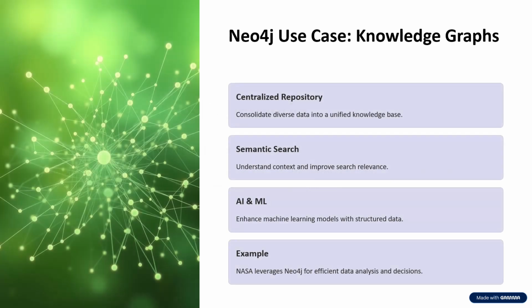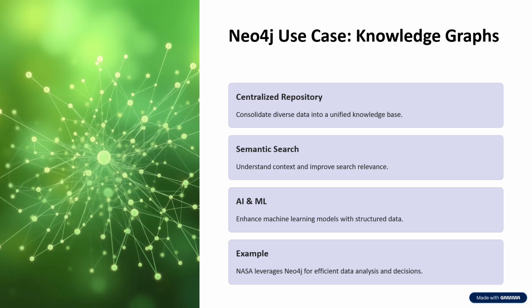So these are some use cases for social networking, and there are some use cases for knowledge graphs. In that, the first one is a centralized repository. Neo4j helps bring together all kinds of data into one place, like a central brain.